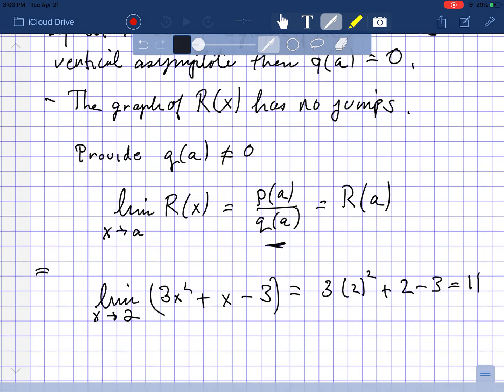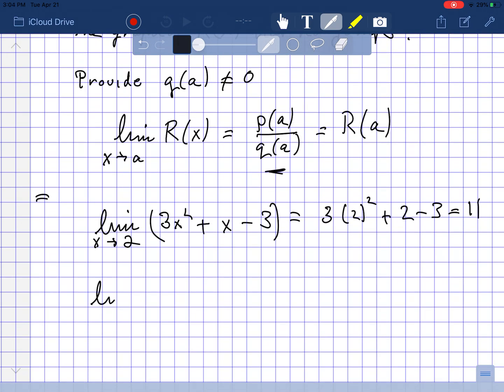Or if I have the limit as x approaches 1 of 3x cubed plus 2x squared minus 1 divided by 2x squared plus x plus 2.